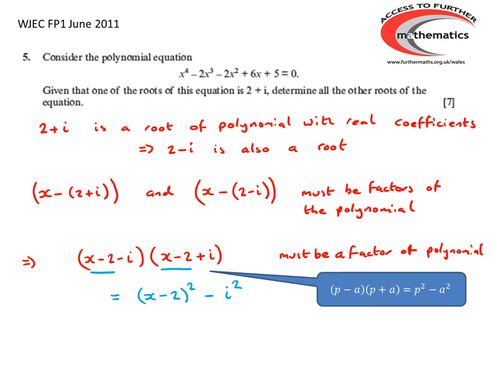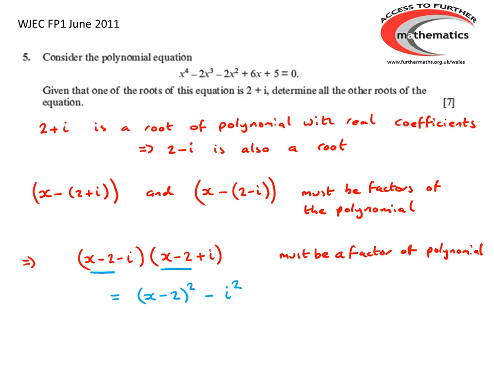So I know that those two factors of the polynomial multiply out to give me x minus 2 squared, take away i squared. In other words, x squared minus 4x plus 4 minus 1, which is x squared minus 4x plus 5.